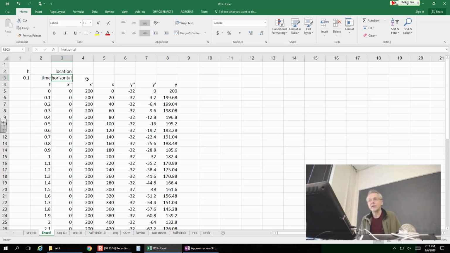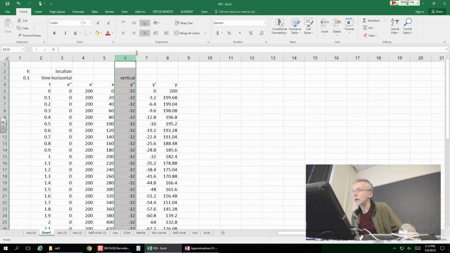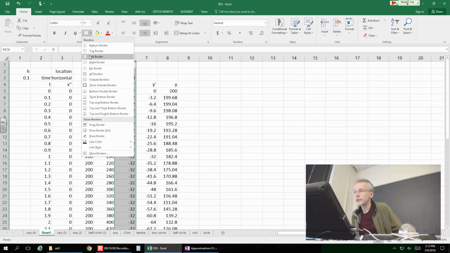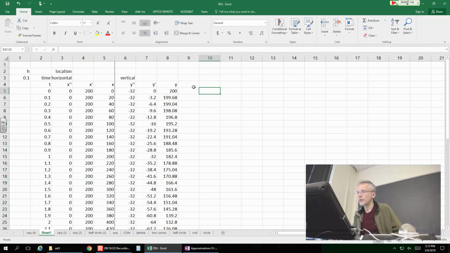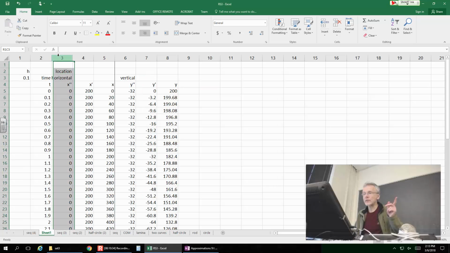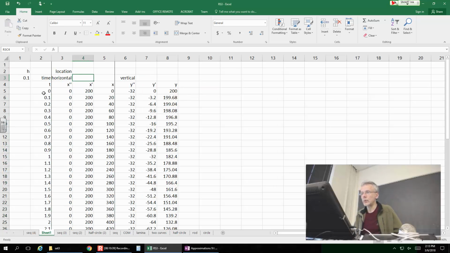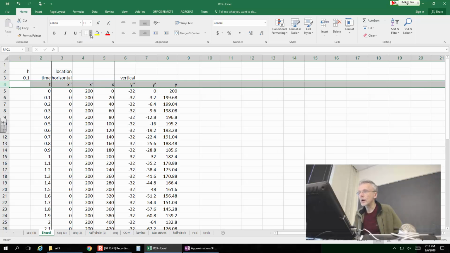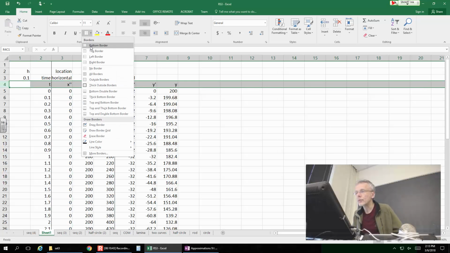X double prime, that's acceleration, x prime is velocity, and this is location. And then I have the same vertical, three of them. Let me separate these so we can have more readable text here. I separate x's from y's. I separate time from location. What else? I will put this underneath like this.